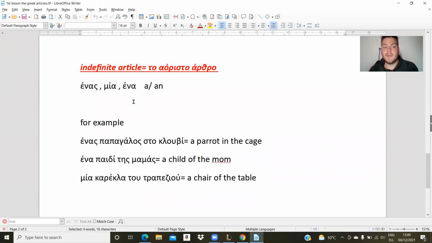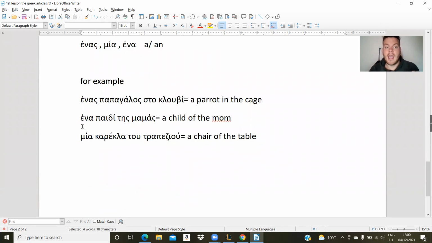But when you speak about ένα παιδί της μαμάς, the meaning is changing also. You are speaking about a child of mom. You don't know this child, it's unspecific. Okay, this is the grammar theory for today, you guys.